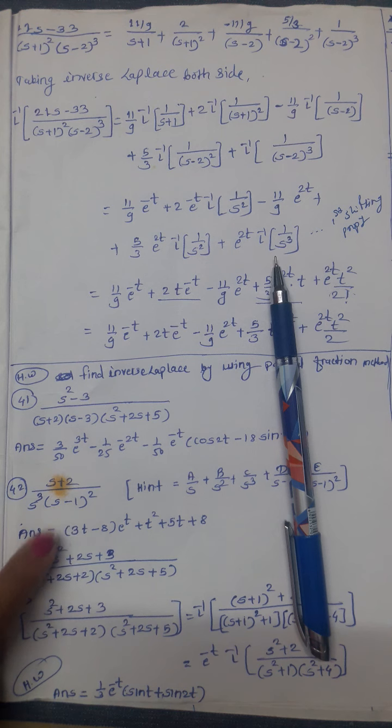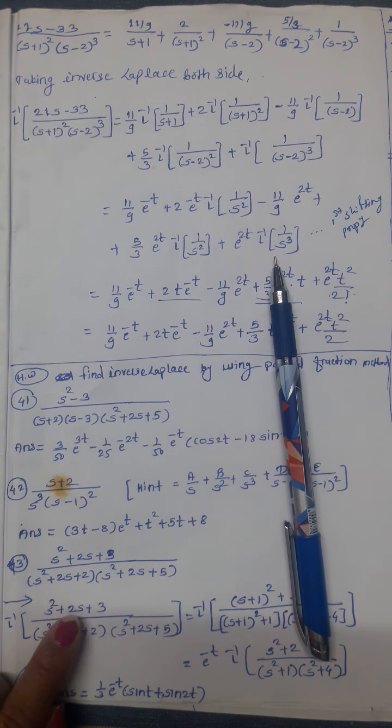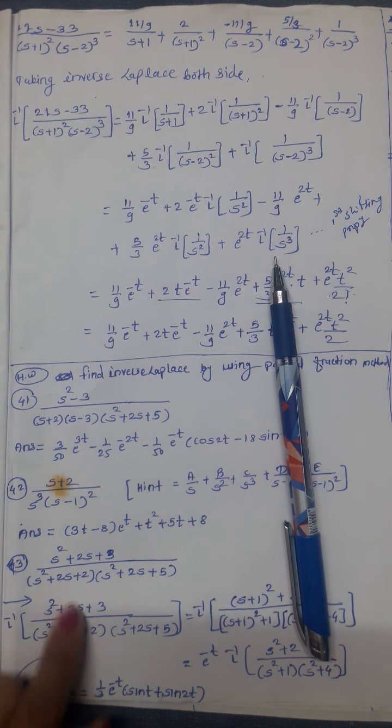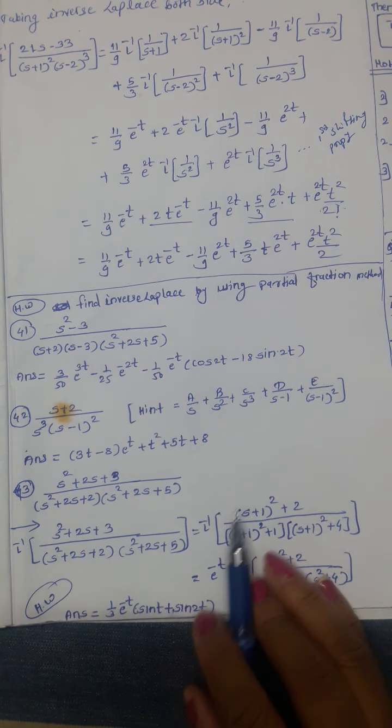Which square can we adjust in these 3 brackets? That is s plus, the s coefficient is 2, so we have to divide that number by 2. We get 1. That is, s plus 1 square can be adjusted in the 3 brackets. These are the hints for you.